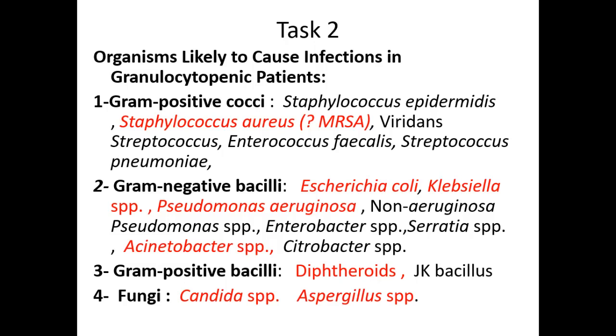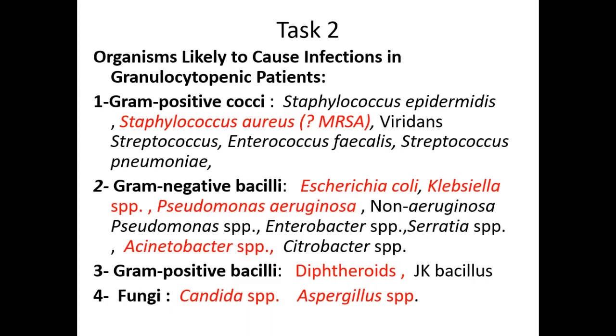Gram-positive cocci, like staphylococci, and especially methicillin-resistant Staphylococcus aureus and Streptococcus pneumoniae are well-known causes of neutropenic fever. Gram-negative bacilli are very important, like E. coli and Pseudomonas aeruginosa and Klebsiella, and Acinetobacter.